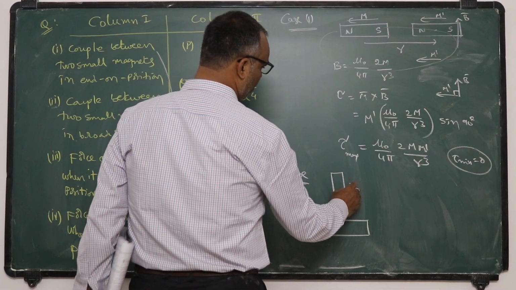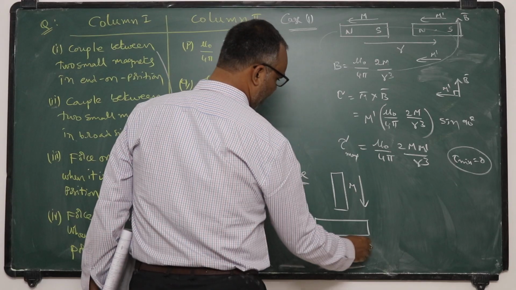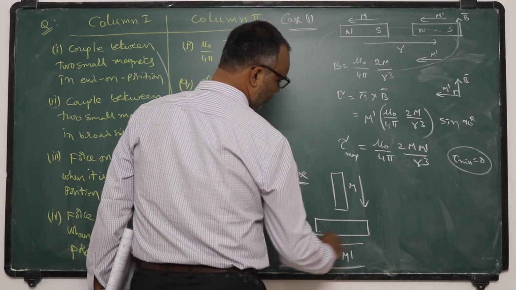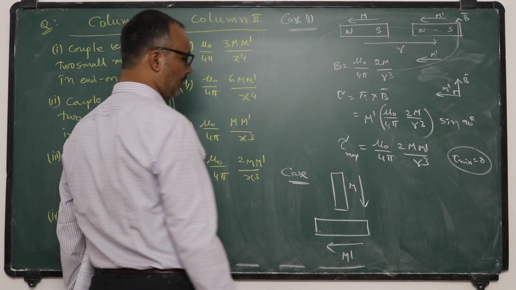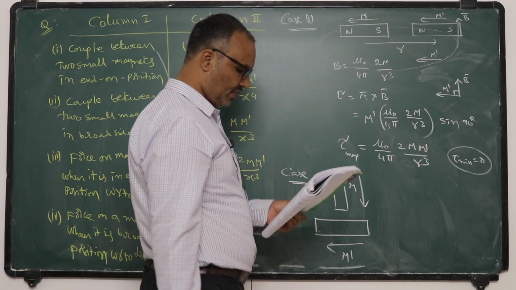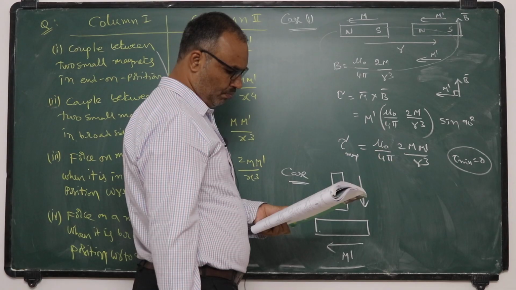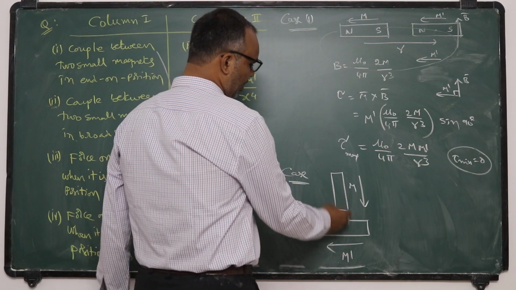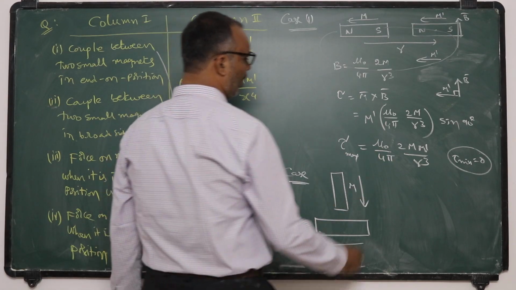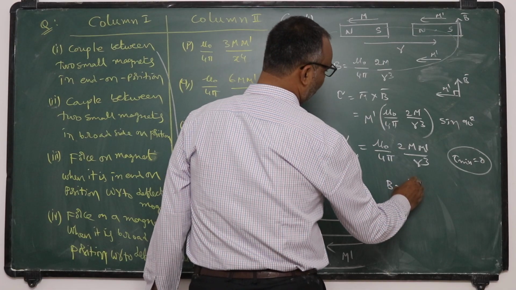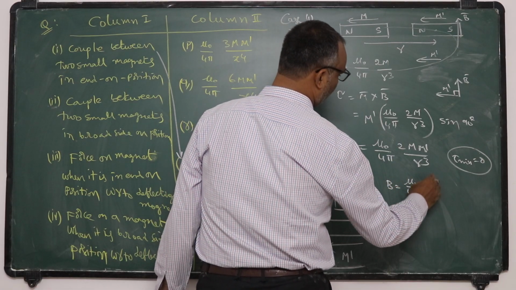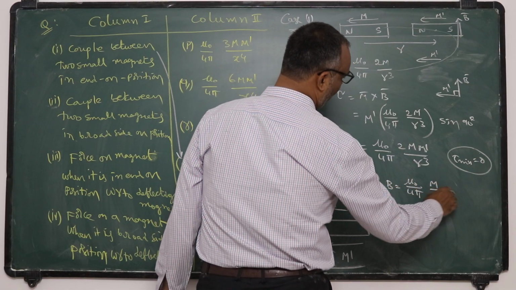Suppose its magnetic moment is m, its magnetic moment is m dash. If they are located like that, what is the couple acting between them? The same procedure we should follow. Then we can prove that this magnet is available on its equatorial line. On equatorial line, magnetic field is given by mu naught by 4 pi into m by r cube.